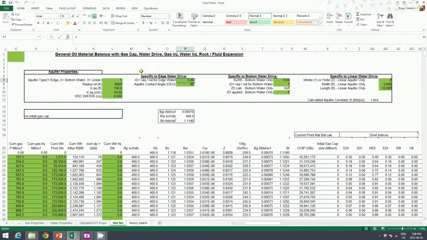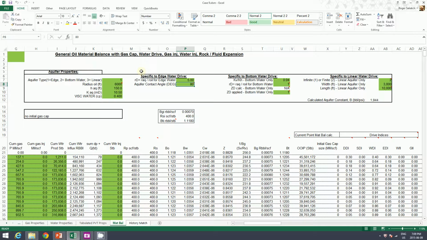Okay, so the dimensionless radius is the radius of the aquifer divided by the radius of the oil zone. So what we're talking about here is there's a 5 times multiple. In other words, the radius of the aquifer is estimated to be about 5 times that of the oil zone. And we're not dealing with a full 360 degree contact where the aquifer is impinging on the oil zone.